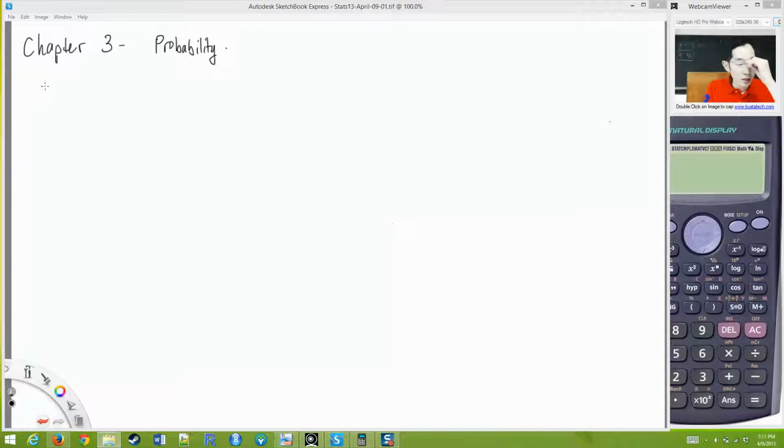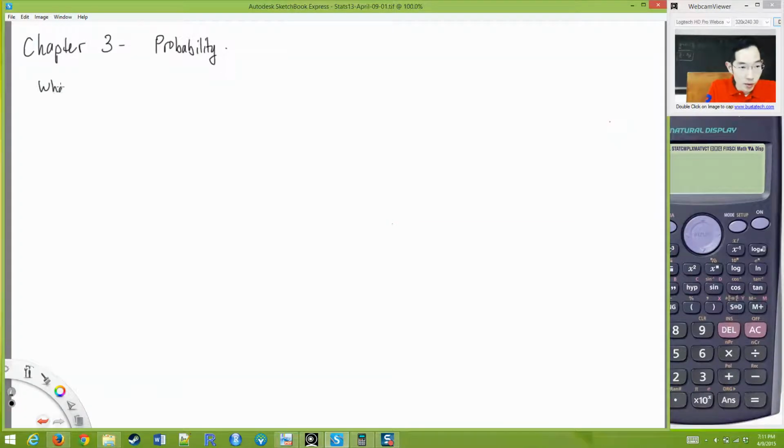Okay, so what is probability? Maybe let's just start off with an example. We might talk about a coin flip. If I flip a coin, I can ask, what is the probability that the coin will land heads?